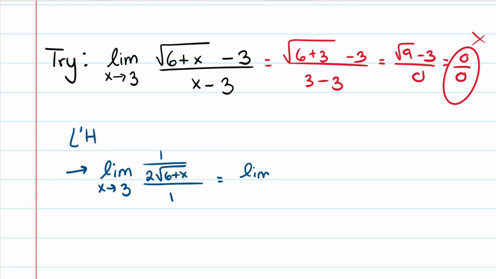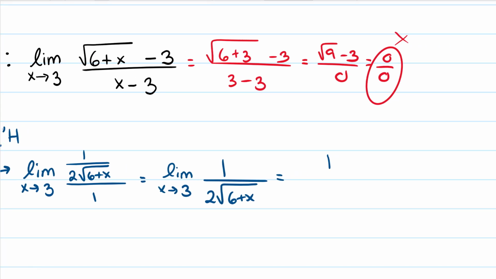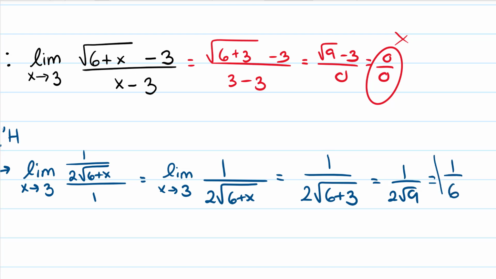So this is the limit as x approaches 3 of 1 over 2 square root of 6 plus x. Now by plugging in 3, we get 1 over 2 square root of 6 plus 3, which is 1 over 2 square root of 9, which is going to be 1 over 6. So the limit as x approaches 3 of our original function is going to be 1 over 6.